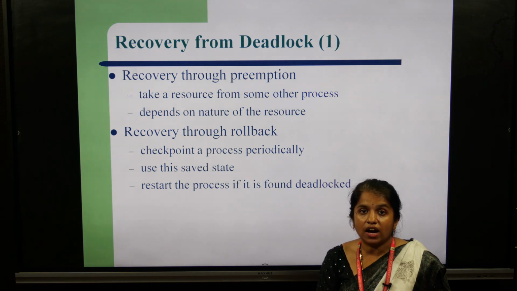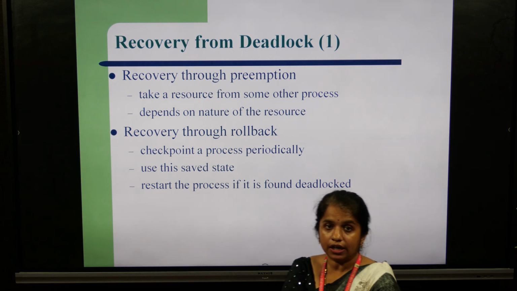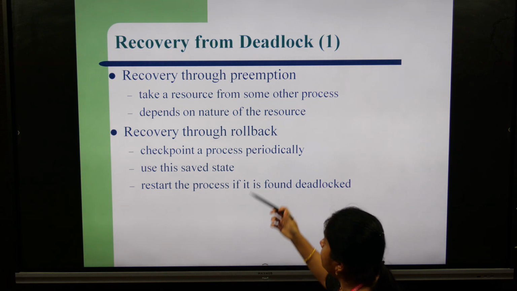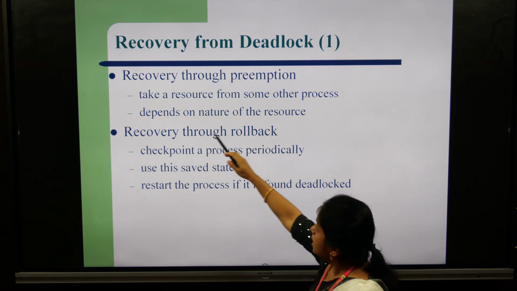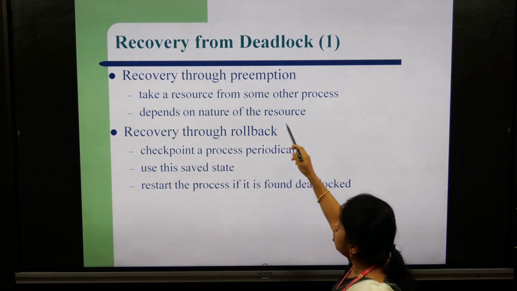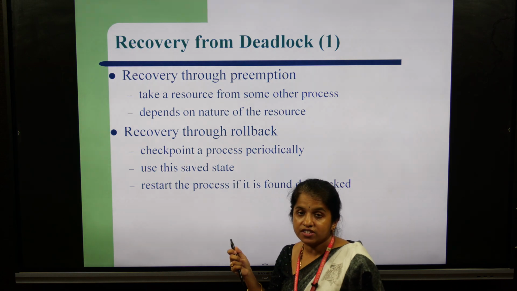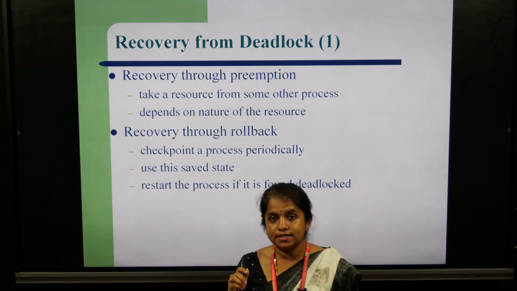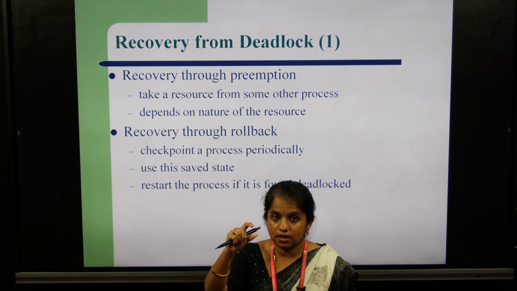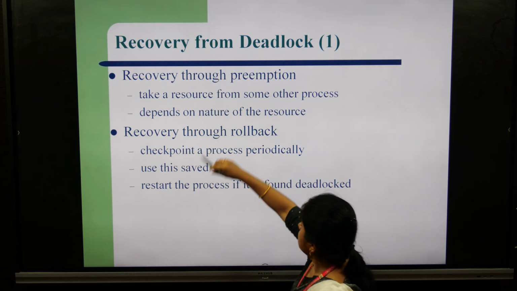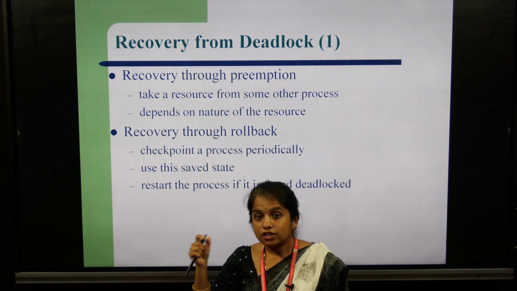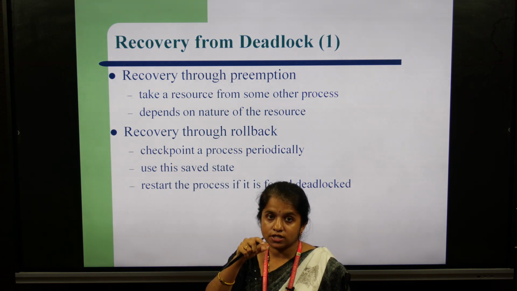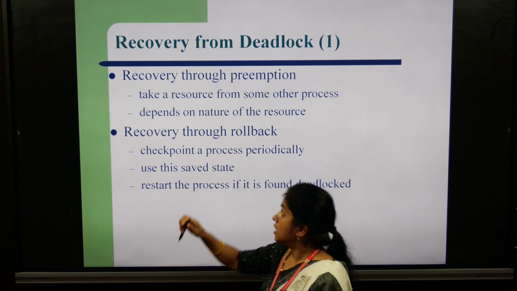Recovery. How are we going to recover from the deadlock? Recovery through preemption. Take a resource from some other process, depending on the nature of the resource. In the same way, in the previous example which I have told you, when one process is requesting a resource, then take the resource from the other process, so that the first process will release the resource.